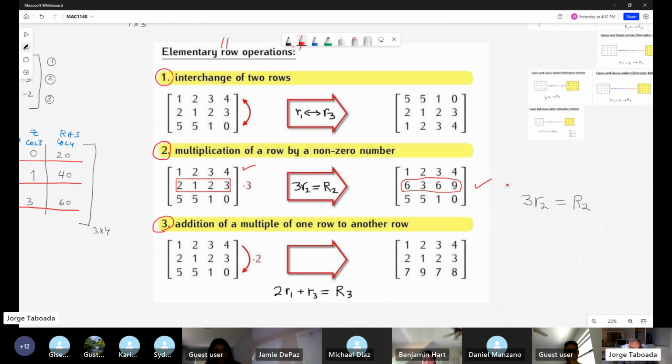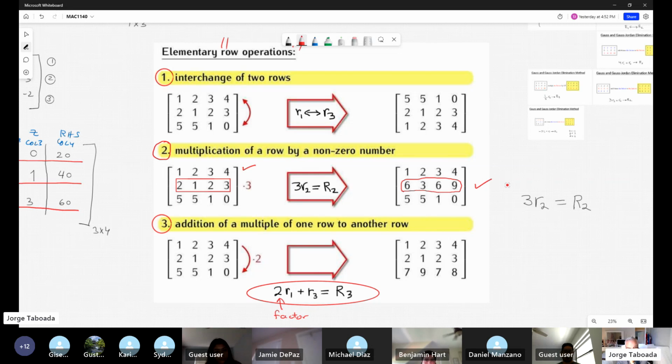Now, the row operation number 3, which in my opinion is the most important. Suppose this row operation: you multiply the entire row 1 by 2, where 2 is a factor, and you add it one by one in the corresponding position with row 3.